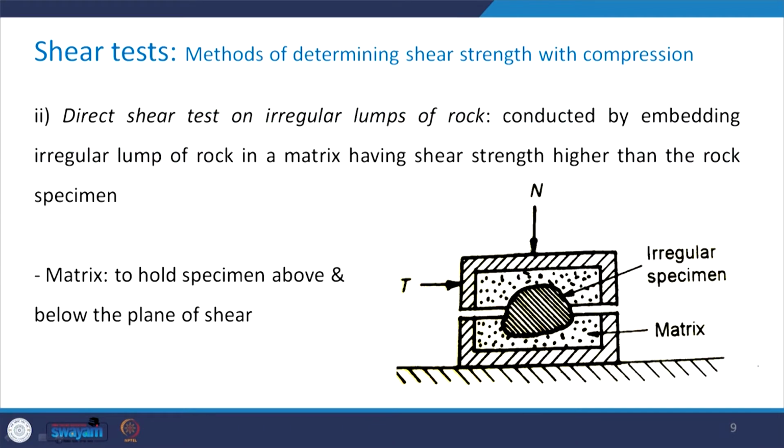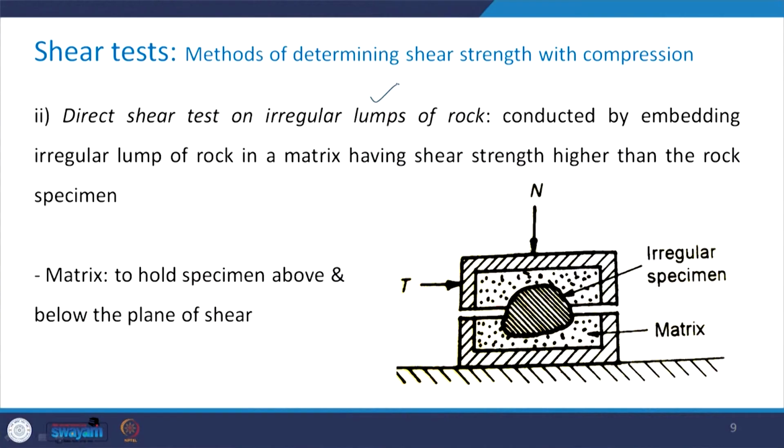This was all about the direct shear test on the jointed specimen. In case it is not possible to extract a regular shaped specimen, then the direct shear test can also be conducted on irregular lumps of rock. These are conducted by embedding the irregular lump of rock in a matrix having a shear strength higher than that of the rock specimen.